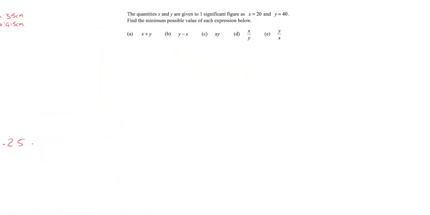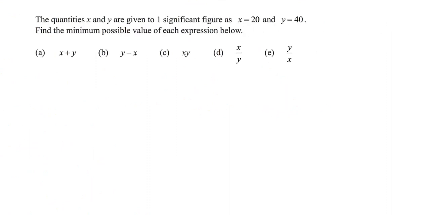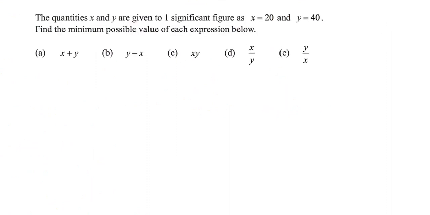Okay, now, final question. This is going to be a really challenging one. Let's take a quick think about this. So we've got two quantities, X and Y, and they're given to one significant figure. Look, so X is 20 and Y is 40.